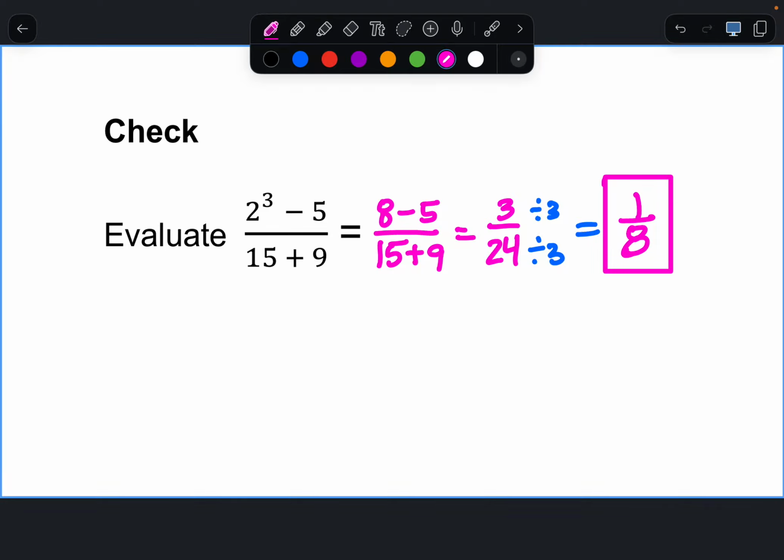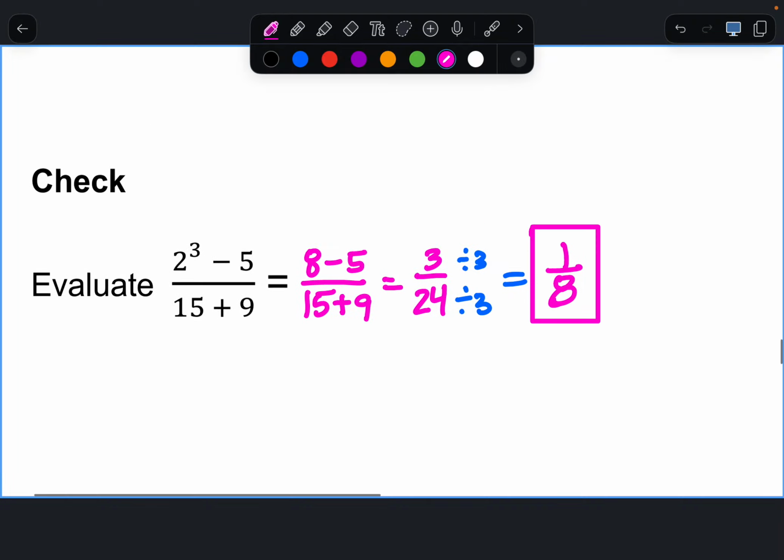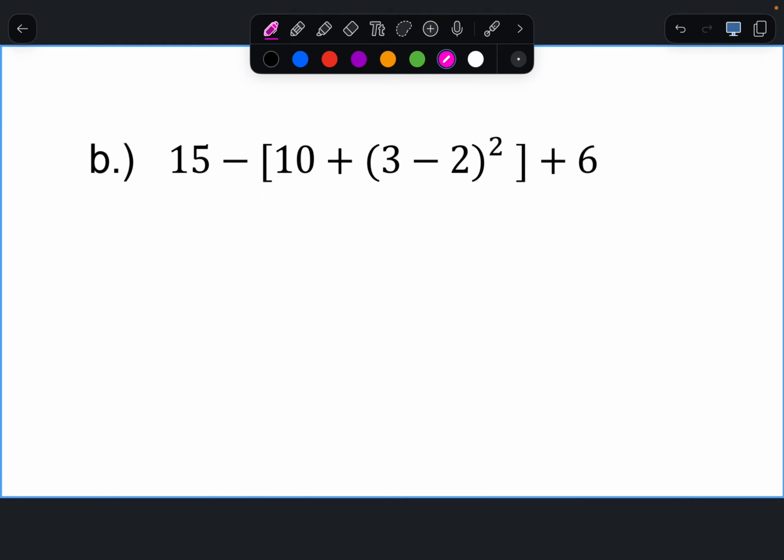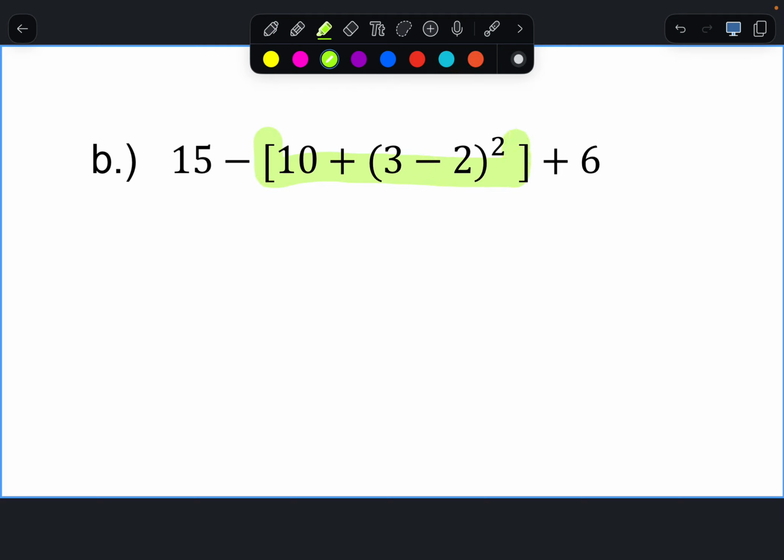Do we have to add because there are brackets around? Okay, so I'm just going to say 1 squared is 1. I'm just going to save myself some pencil lead here. But now, let's say we have 15 minus 11 plus 6.